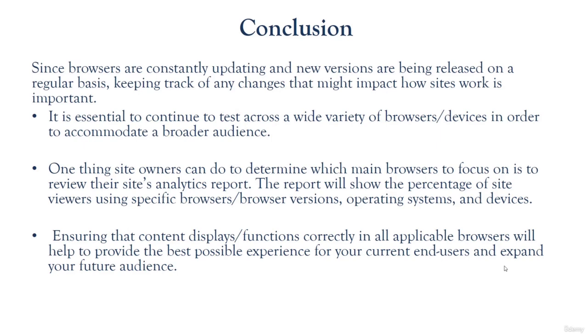One thing site owners can do to determine which main browsers to focus on is to view their site analytics reports. The report will show the percentage of visitors using specific browsers, versions, operating systems, and devices. You need to ensure that content displays and functions correctly in all applications across the browsers, and this helps to produce the best possible experience for your current users and expand your future audience.